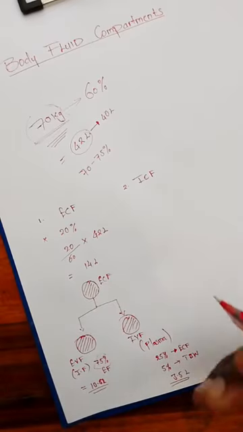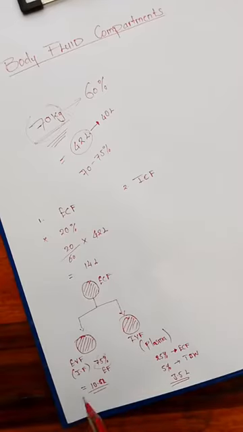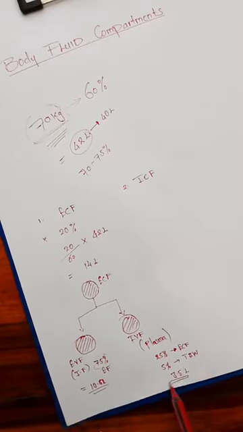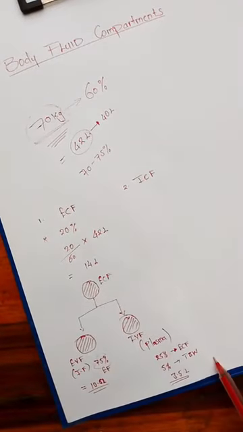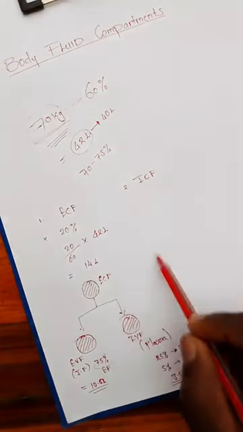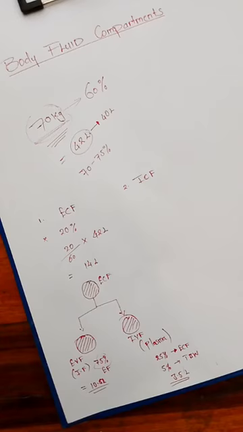When you do the math, from the extravascular fluid we get about 10.5 liters, and from the intravascular fluid we get 3.5. So this is the whole data that you need to know on the extracellular fluid.